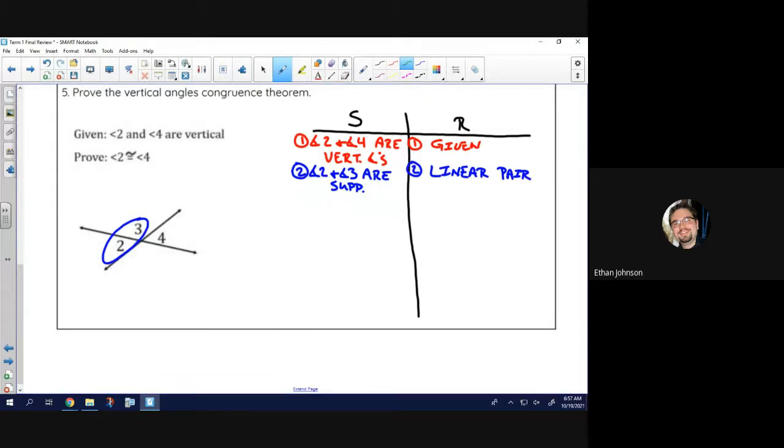Well, not only are angle 2 and angle 3 a linear pair, angle 3 and angle 4 are a linear pair. Meaning angle 3 and angle 4 are supplementary as well.